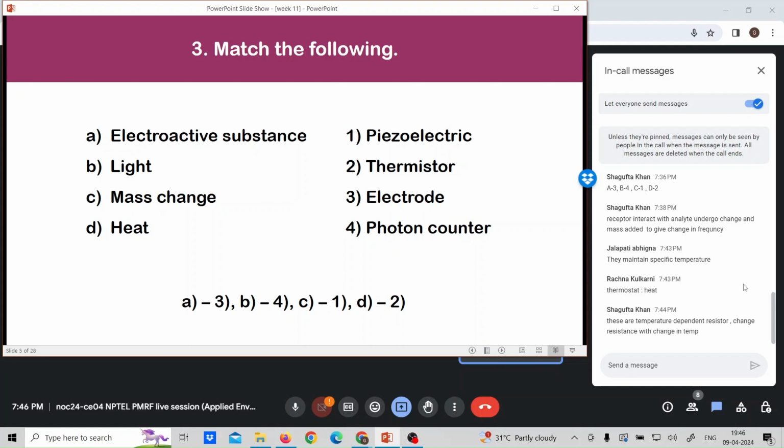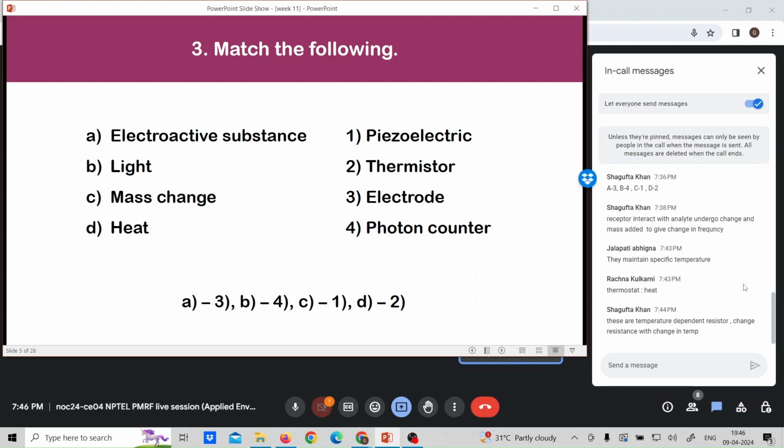Any change due to electrochemical reactions, where transfer of electrons or redox reactions are involved, we use electrodes as sensors. And light, as we all know, is made of energy packets called photons. So we use photon counters to detect the change in light intensity. When the intensity changes, the photon counts also change.